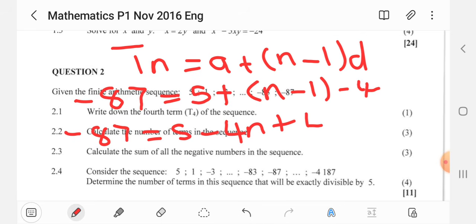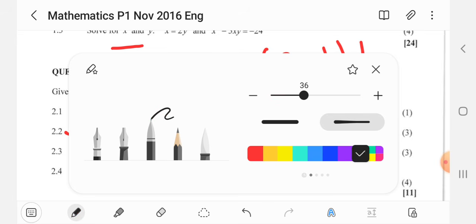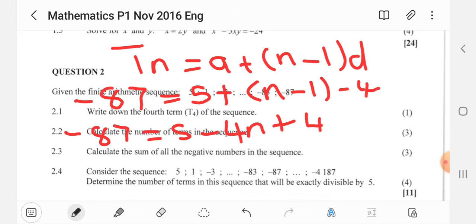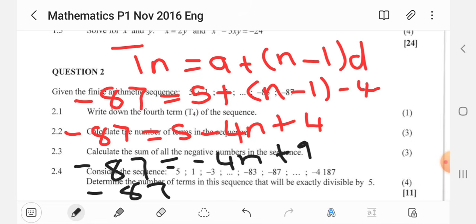So we will have -87 equals 5 plus 4, that will be -4n plus 9. So we'll have -87 minus the 9 equals -4n.